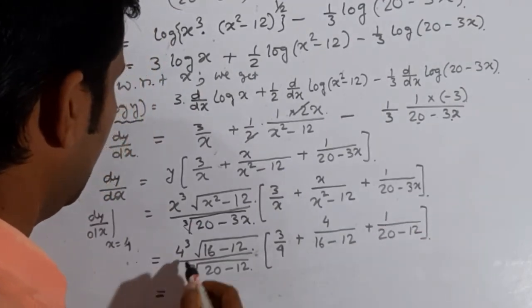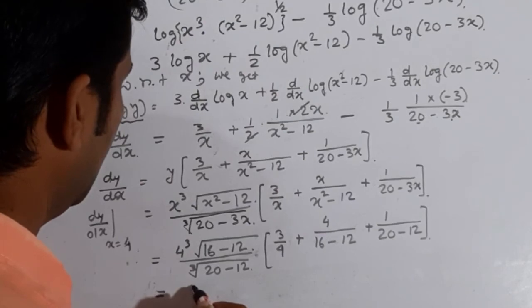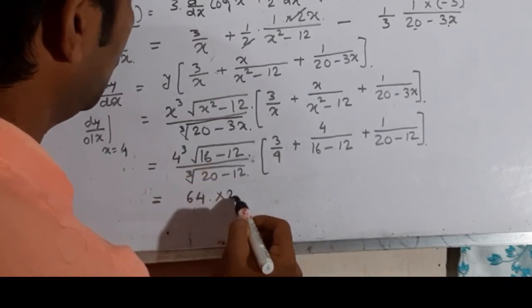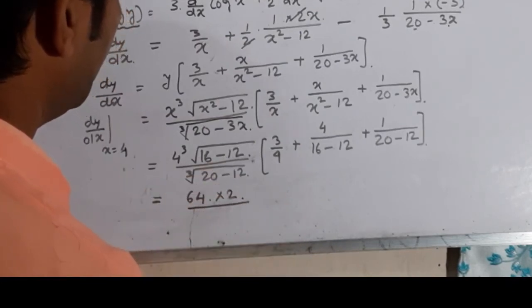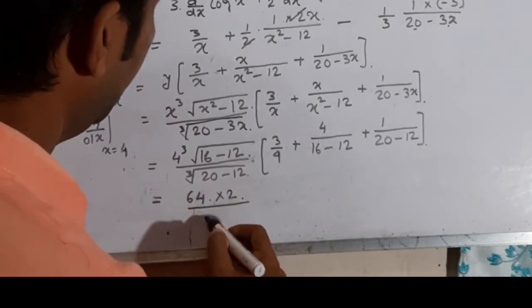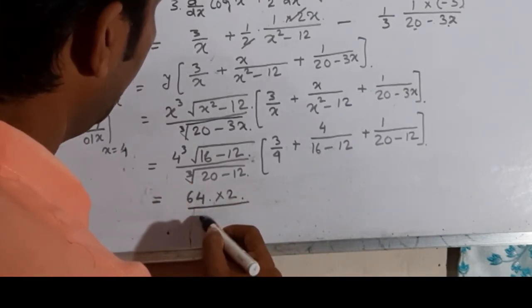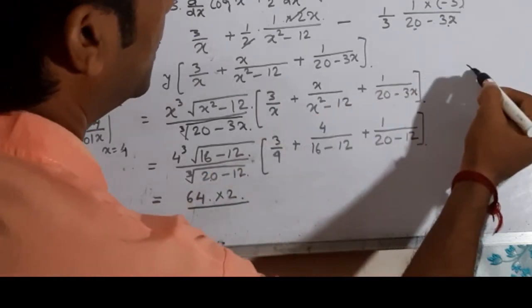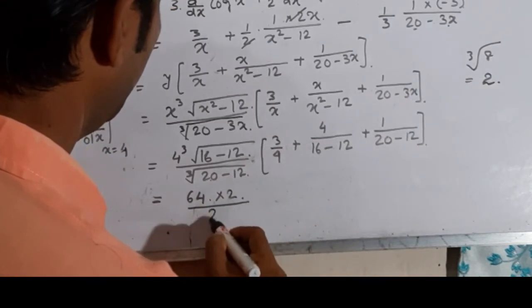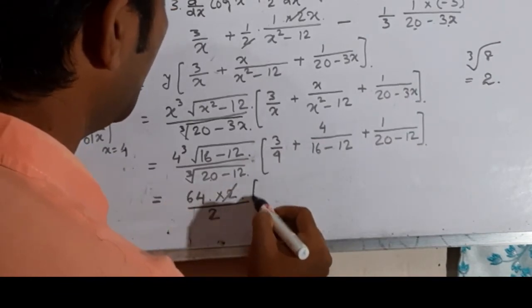That means 64 into root over 4 means 2, and cube root of 8 is 2, cancelling 2.